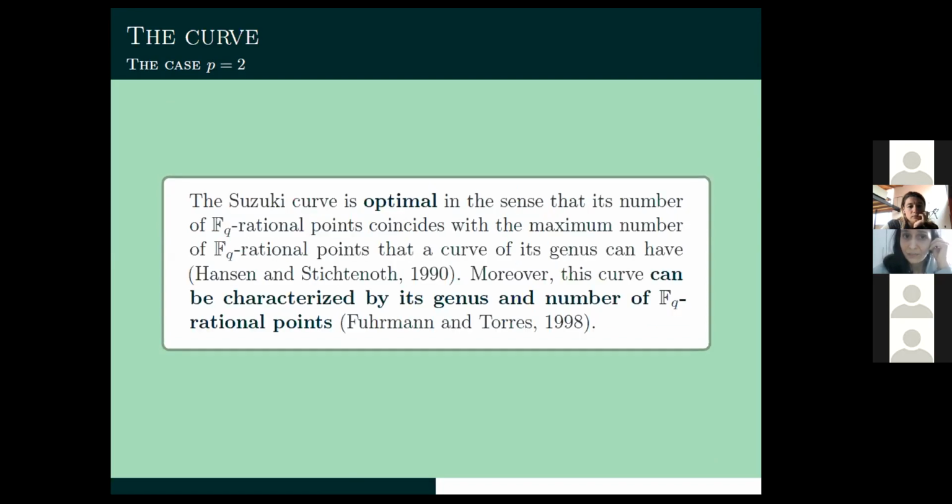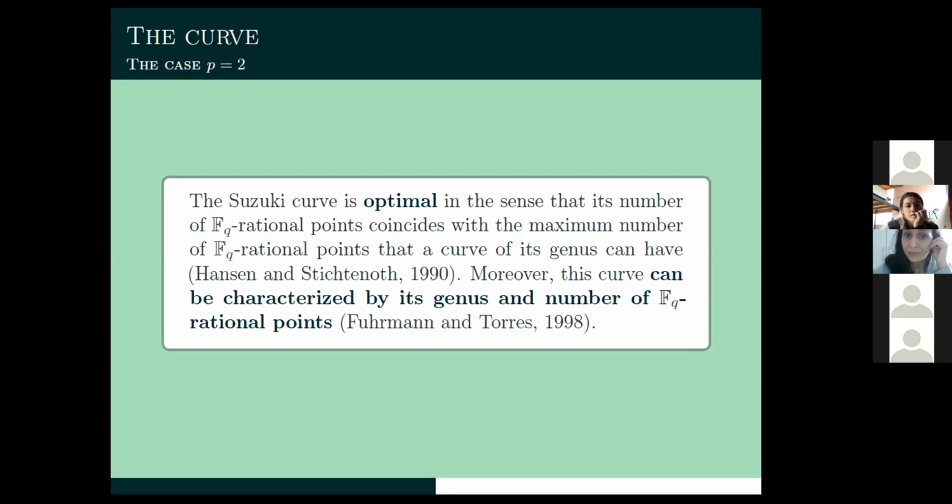The Suzuki curve has other interesting properties. For instance, we have optimality, in the sense that the number of F_q rational points of the Suzuki curve coincides with the maximum number of F_q rational points that a curve of that genus can have.